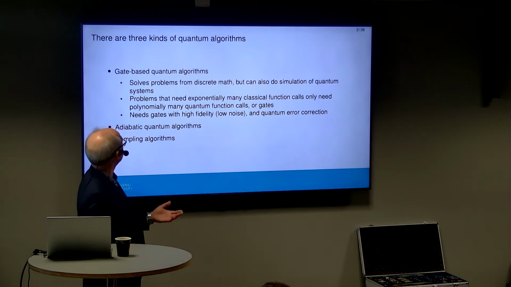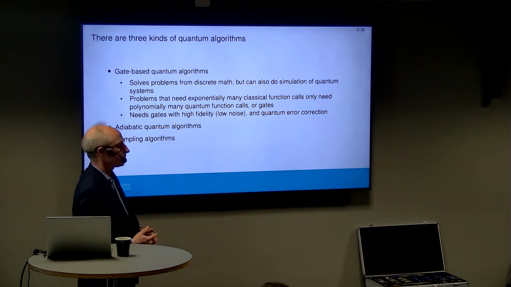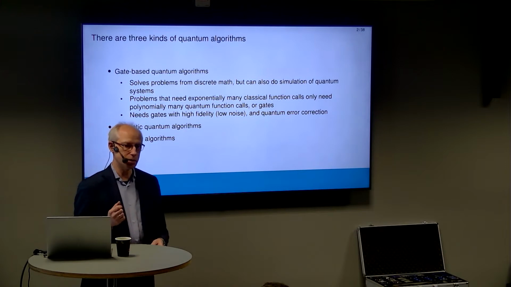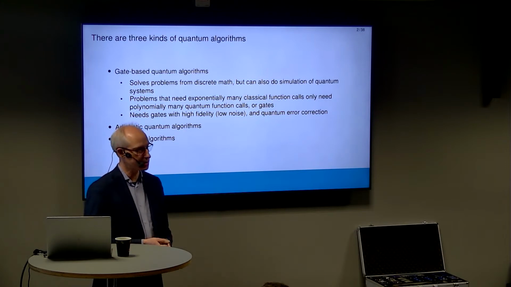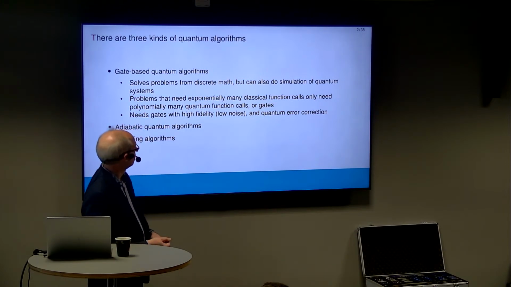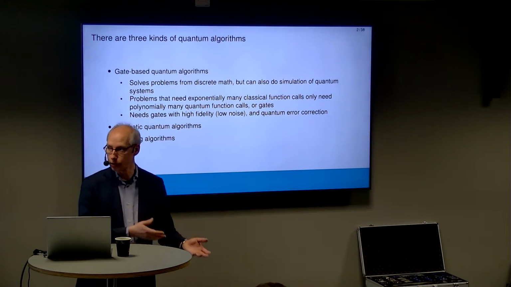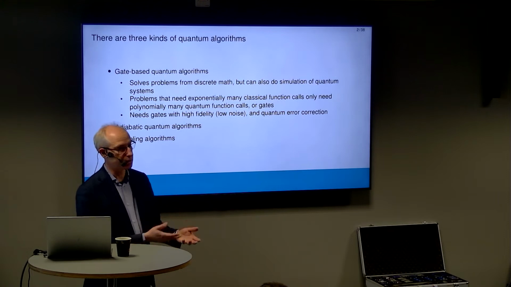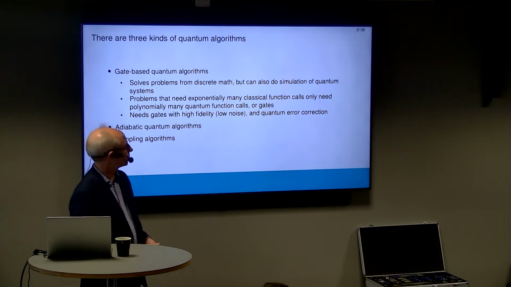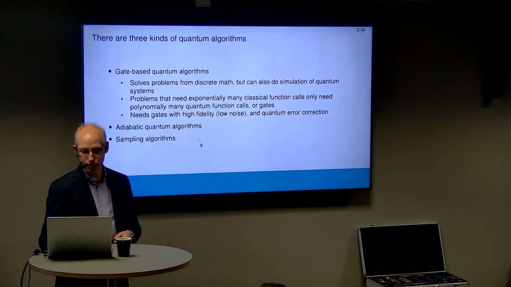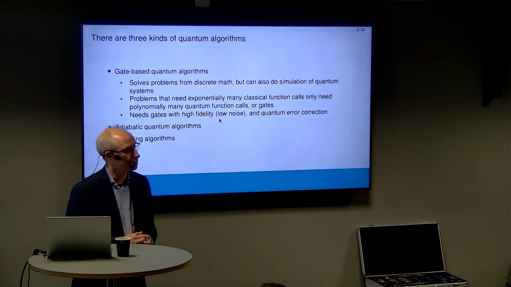So what you typically see in these gate-based calculations is that problems where you need to use exponentially many calls in a classical machine might need polynomially or even as low as 1 function call to extract the overall information from the function. A problem here is that it needs gates with high fidelity. So it's really, really hard to build these things.